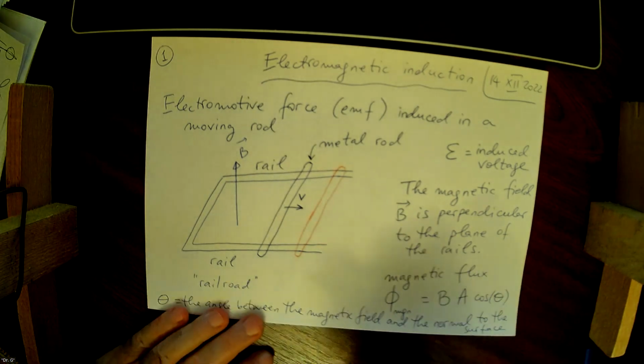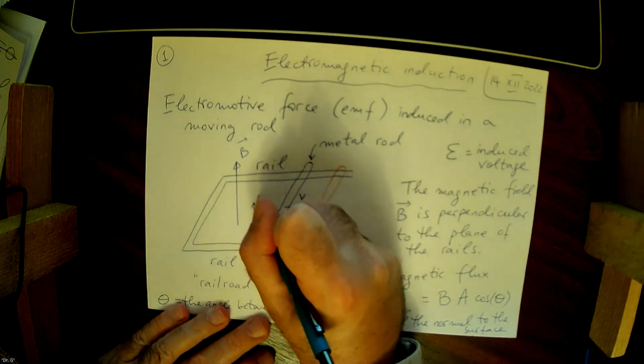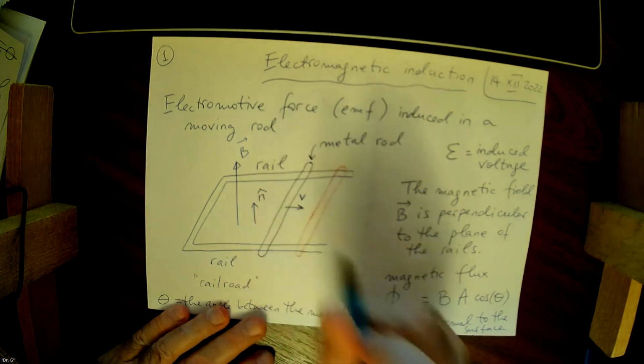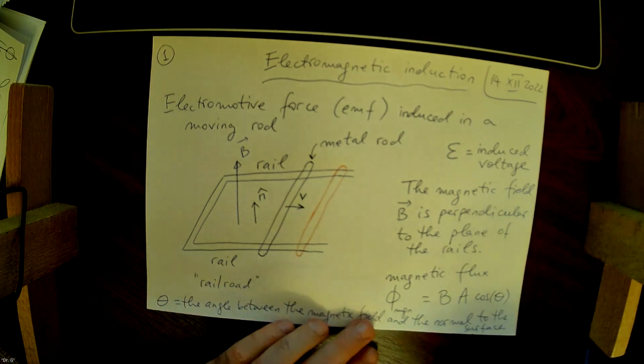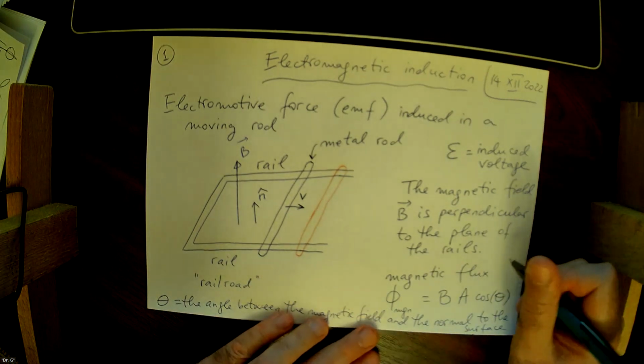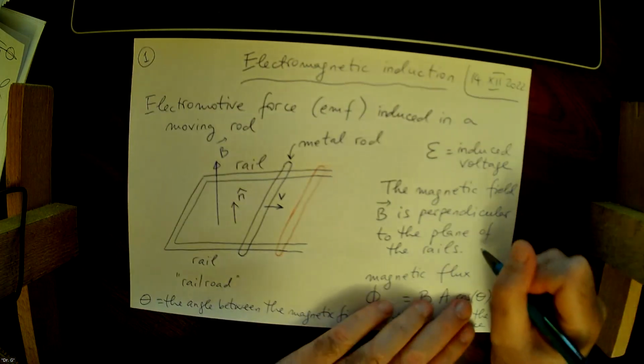Okay, so in this case, the normal to the surface is parallel to the magnetic field because both are perpendicular, which means this angle theta is 0.